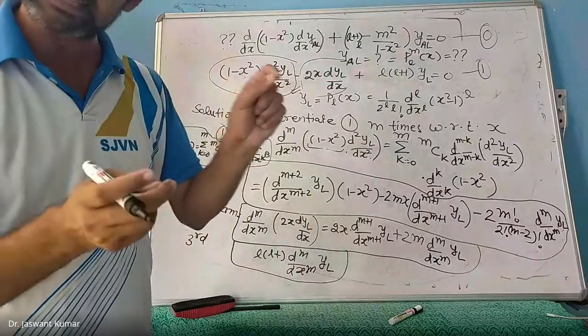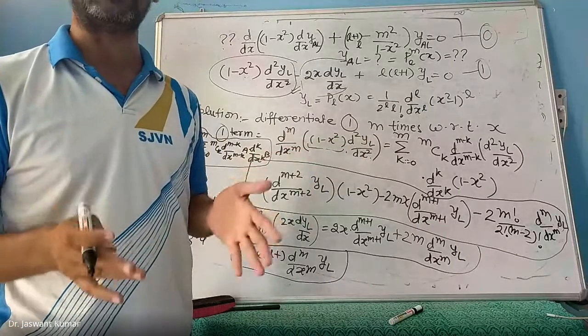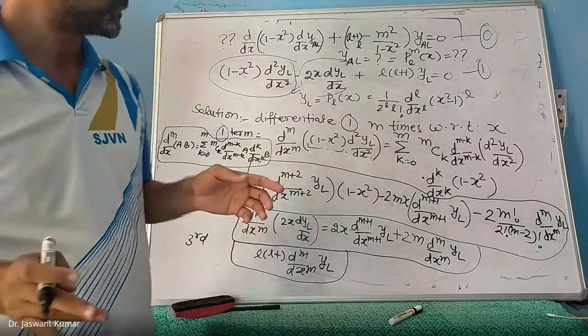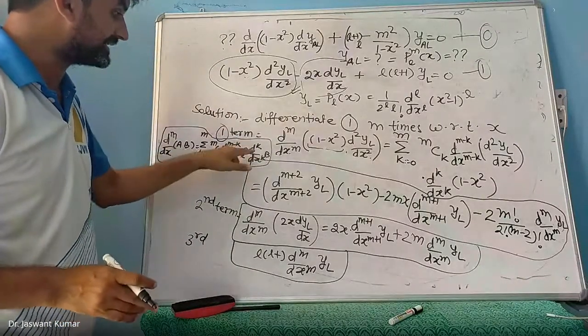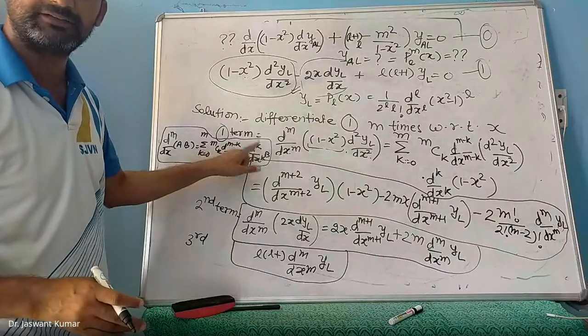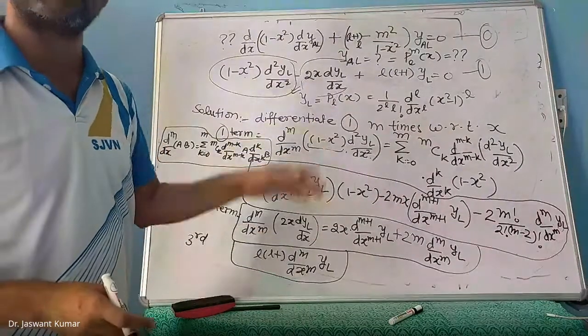So the question is, which one of these should be a and which one of these should be b? Yes sir. This k, so the second term is starting from the 0th derivative, then the next term will have first derivative, the next term will have second derivative and so on.